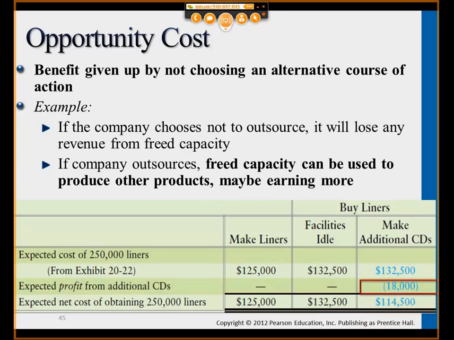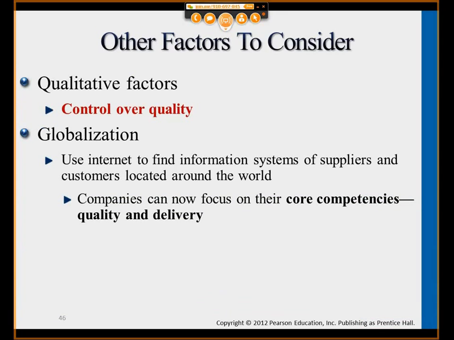What are the factors that we need to consider? We have a number of other factors, such as qualitative factors and globalization. These are more concepts and not as much something you can easily calculate. Qualitative factors include our control over quality. Are we still getting the same quality of the product once we're outsourcing or producing in-house?